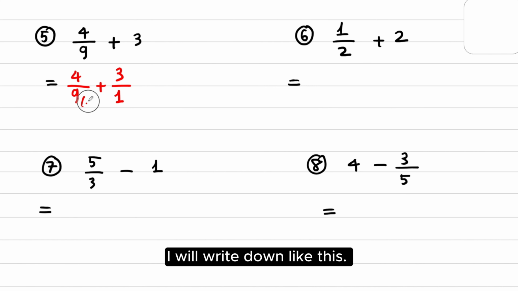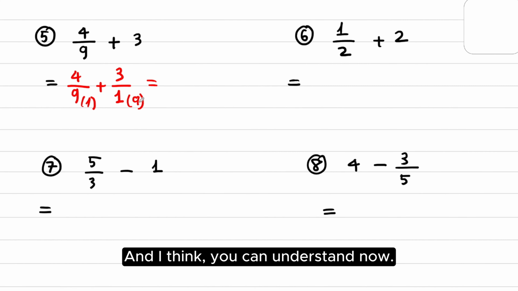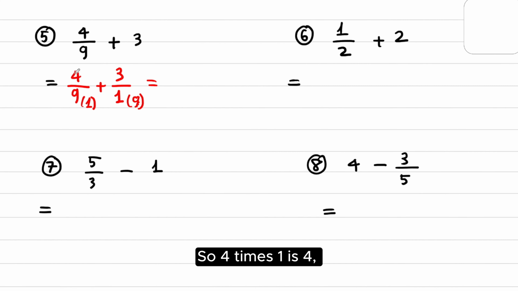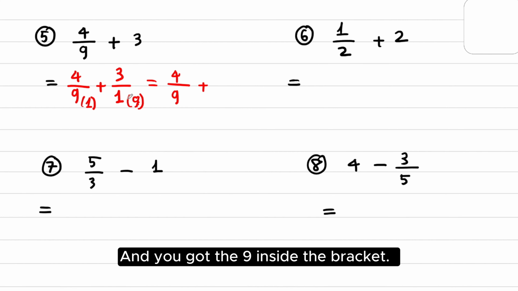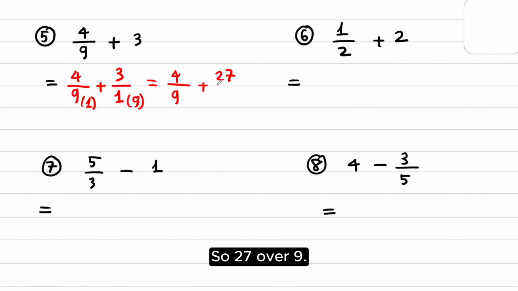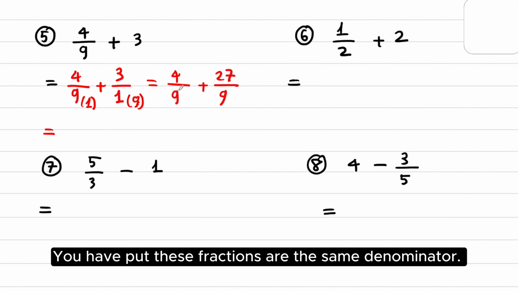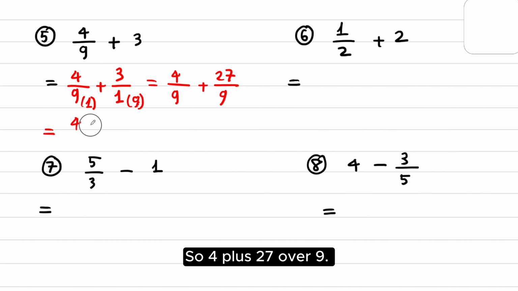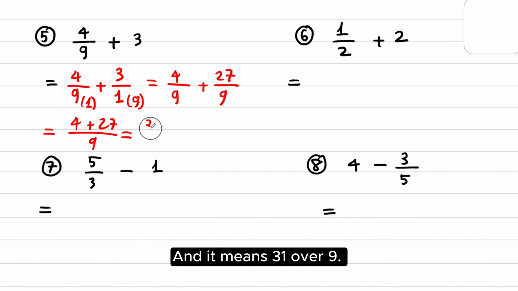I will write it down like this, and I think you can understand now. So 4 times 1 is 4, 9 times 1 is 9, 3 over 1 and you got the 9 inside the bracket, so 27 over 9. After this step, both fractions have the same denominator, so 4 plus 27 over 9, and it means 31 over 9.